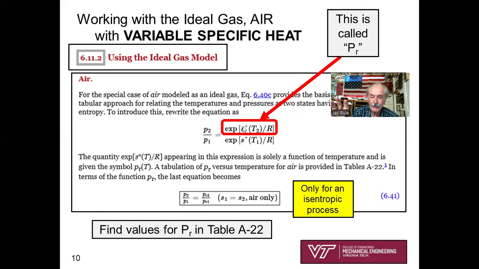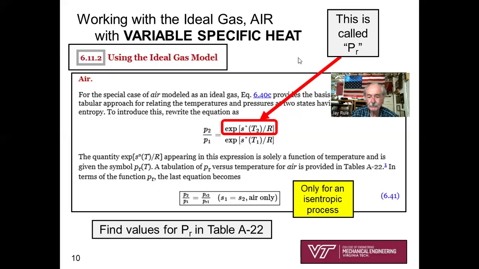Remember, you're going to go to table A-22 for air. It turns out that this expression, this computation that someone has done on a calculator, e to the S0 divided by R, that's called P sub R. We're calling that P sub R, reduced pressure.